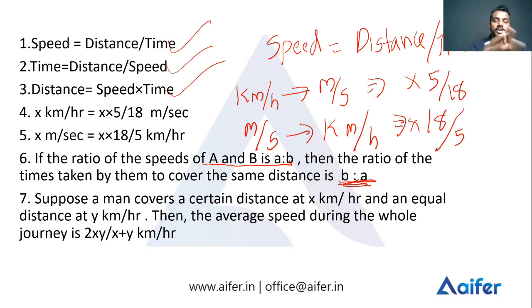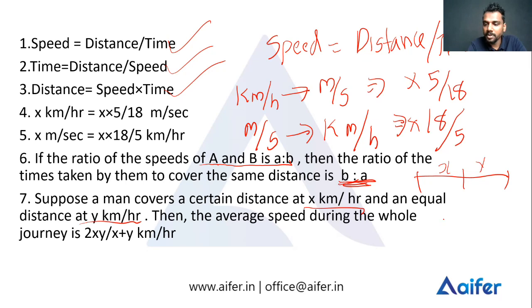Then the final point: suppose a man covers a certain distance at X kilometer per hour and an equal distance at Y kilometer per hour. Remember, this is equally divided. Imagine this part is covered at X kilometer per hour speed, and this part at Y kilometer per hour.